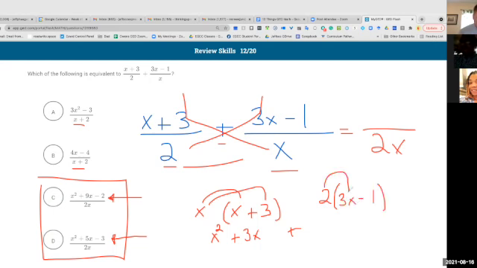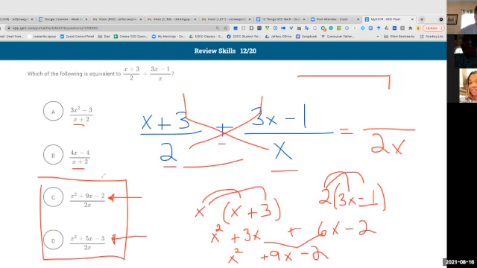We jump the fence, 2 times 3 is 6. X comes on down. 2 times -1 is -2. Now all we do is forks, knives, spoons, get stuff together. X to the second power plus, positive 3 plus 6 is positive 9, minus 2. That's the stuff that would come on down on top right there. And that's why C is the correct answer.